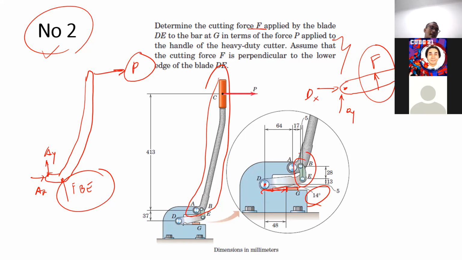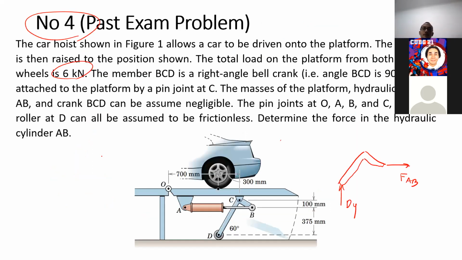That's why instead of putting EX and EY there at B, I put FBE. Do you get it, Irshad? So that's the first thing you can do: simplify the problem by finding the two force members. Okay, Irshad? Yes, sir. Okay, this one is FBE. We have DY because of the roller. And at C, what do we have at C?